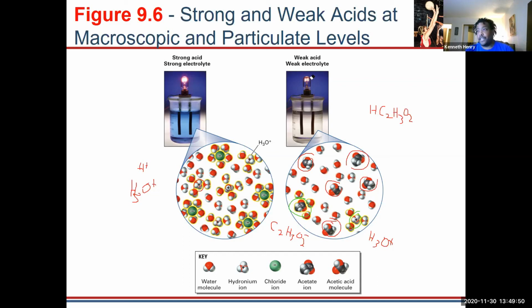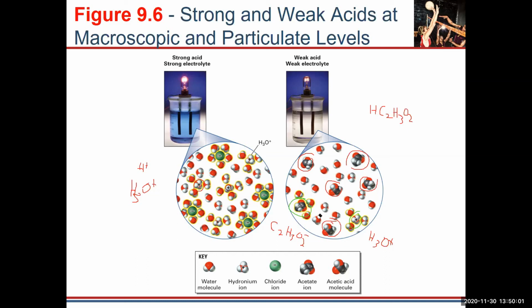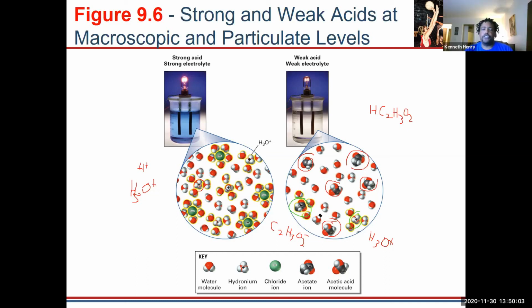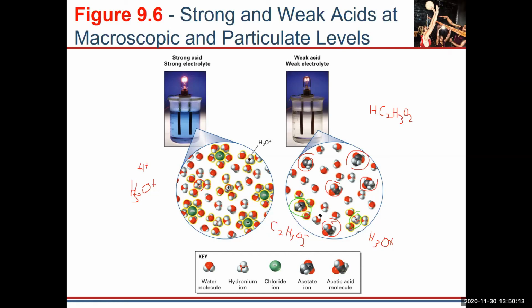Here, your ions are your major species. Here, your acid is your major species. In both cases, every equation is going to have a major and a minor species. So they're favoring the product side or favoring the reactant side. You understand?